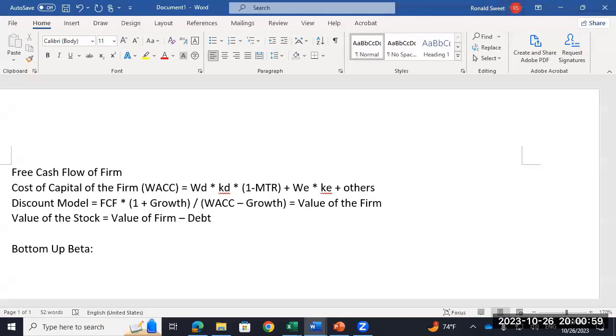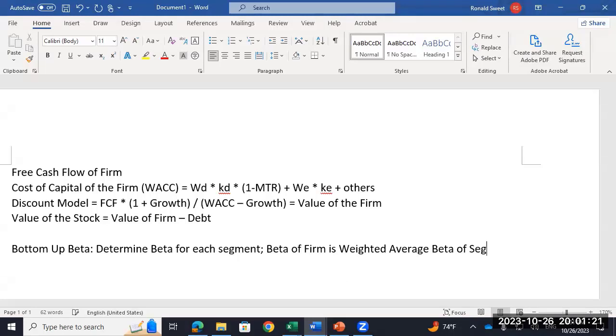So bottom-up beta is essentially the beta for each segment. So you have to determine the beta for each segment. Beta of firm is the weighted average beta of the segments. So you're just building the beta bottom up.